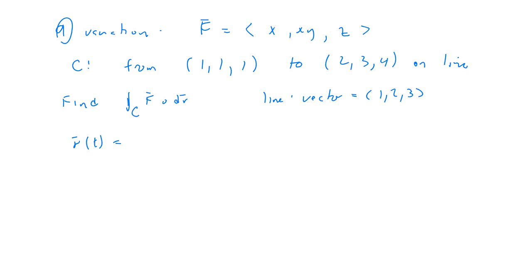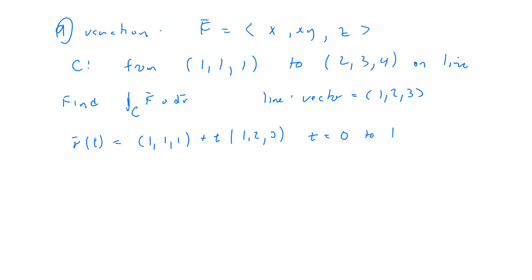So the vector is just the end point minus the starting point, so 1, 2, 3. And then the line is the point we start with plus t times the vector. And if you do it that way, then it's simple in terms of c.